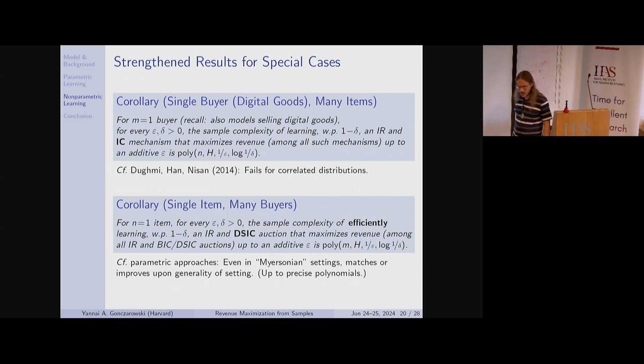So I do not have reason to believe that you cannot make this polynomial better if you know stuff about the structure of the auction. But in terms of which settings are possible and which are impossible, this covers quite a lot.